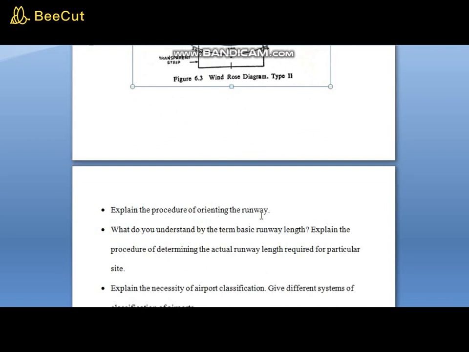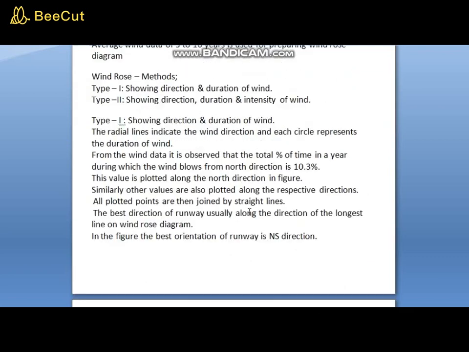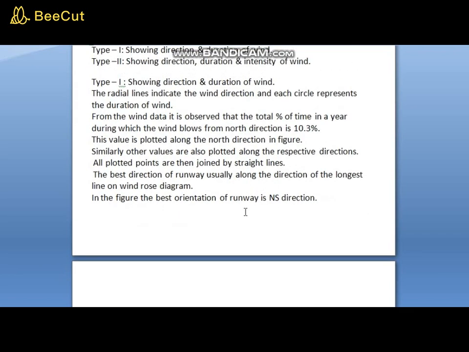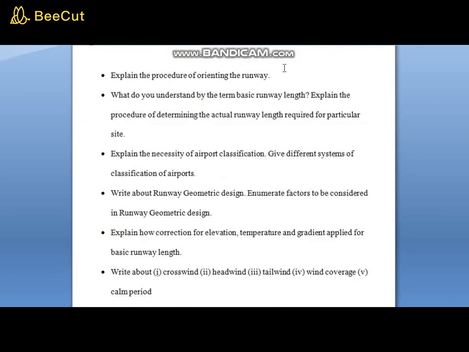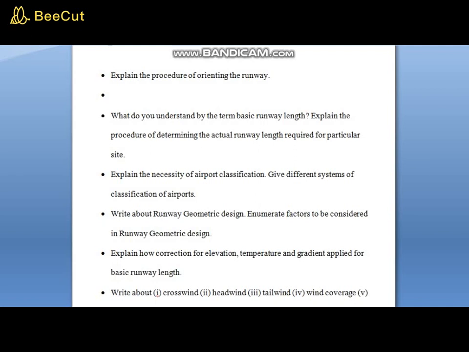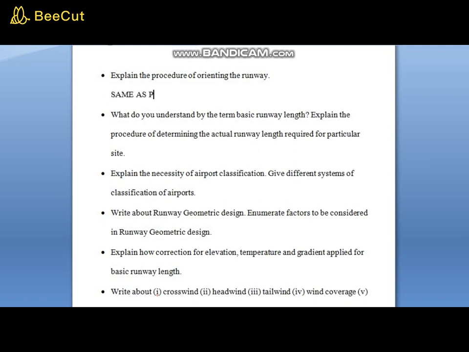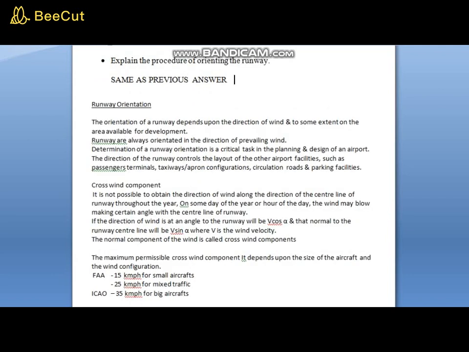The orientation of the runway is done by the Windrose diagram, so it is the same as the previous answer. In other cases we can also use the common terminology.